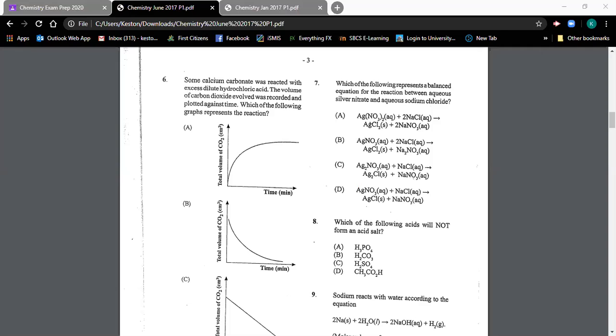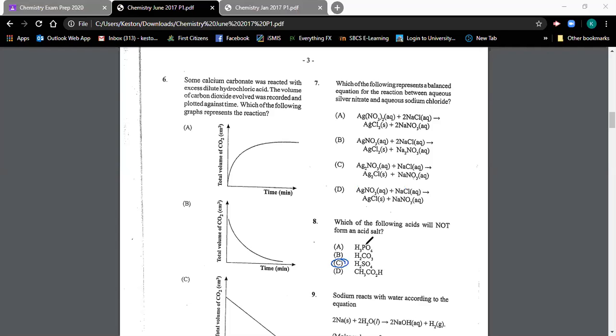Yep. So which is the odd one out there? And yep, that's correct. It'll be C. Right? Sulfuric acid wouldn't form an acid salt. That would completely ionize. These are the guys here. This is carbonic acid.